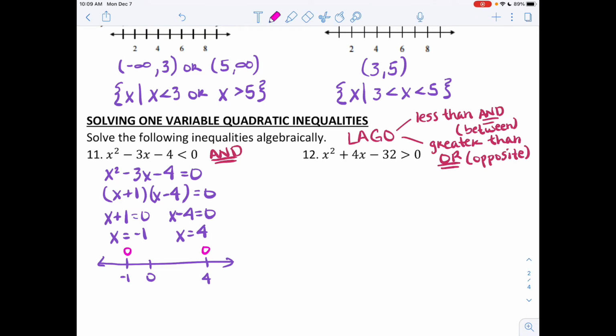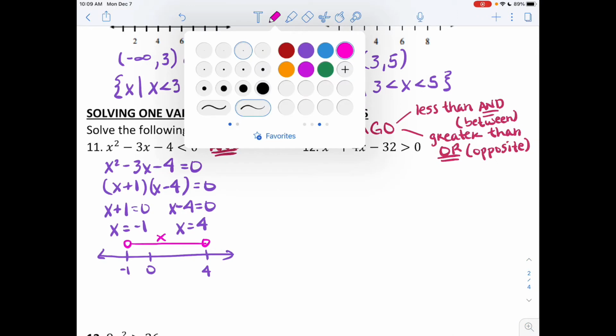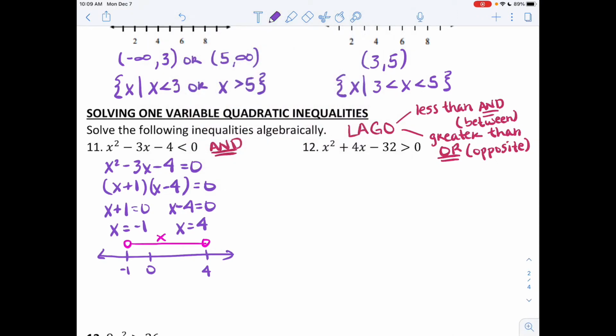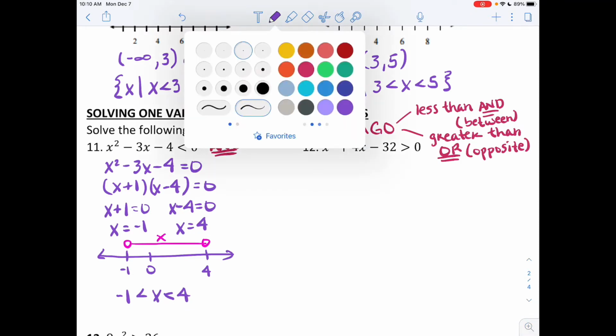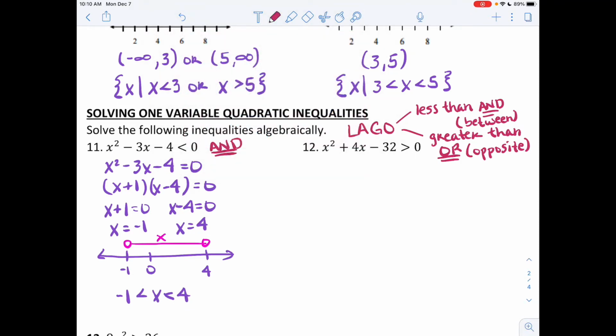I know that I have an and, so and is in between. That means that x is somewhere in between here. And I can write my final inequality as one inequality. Negative 1 less than x less than 4. Let's go ahead and label these steps so that we can remember what we did.